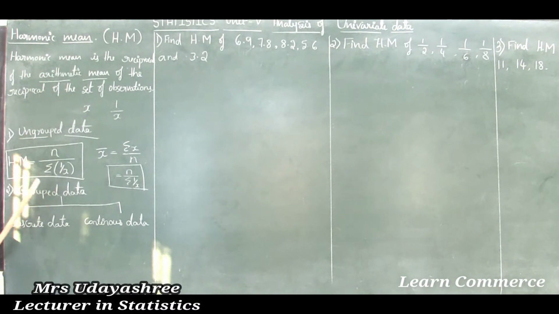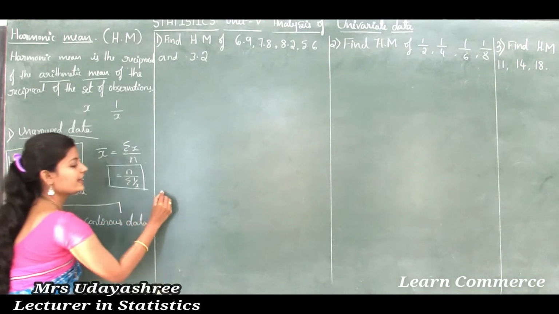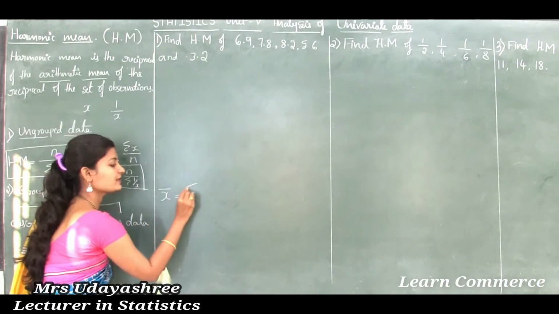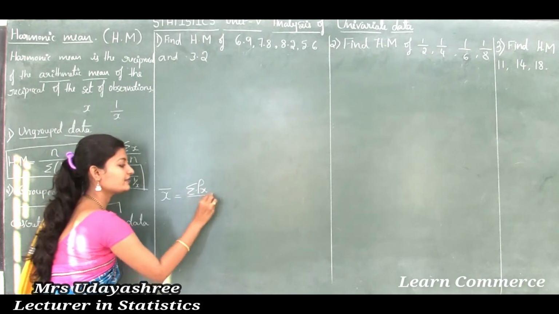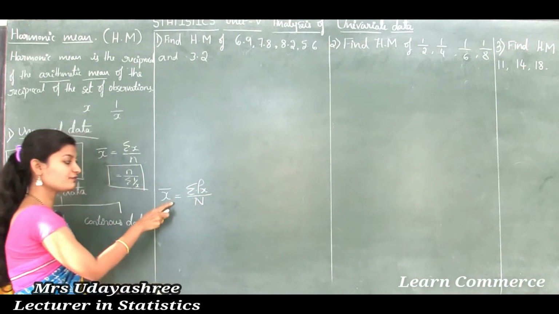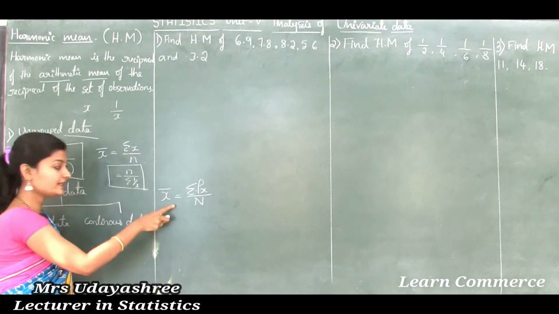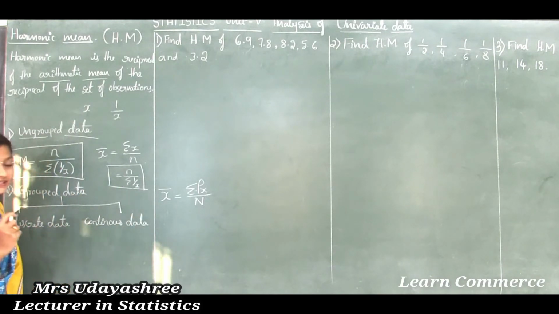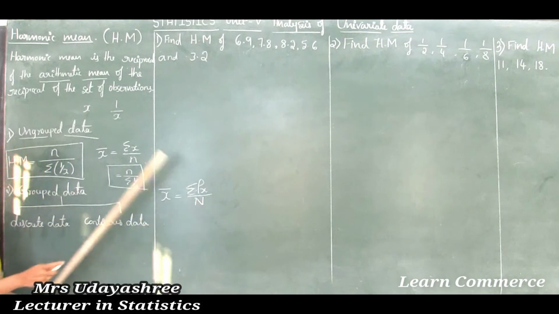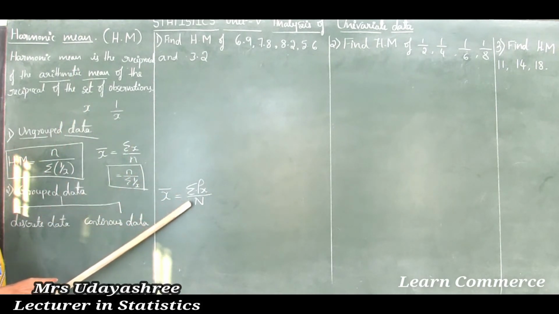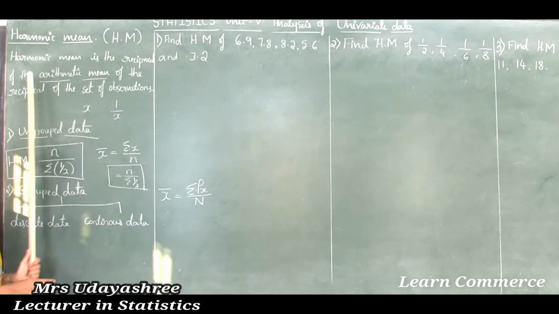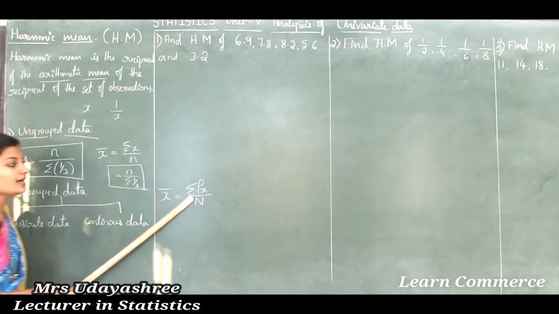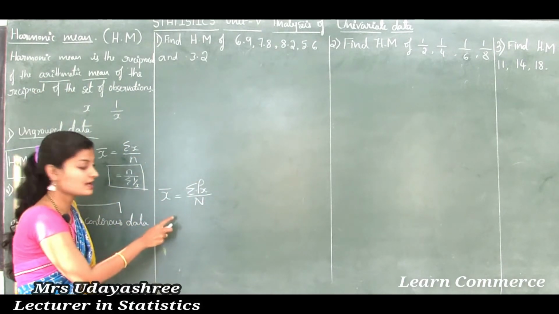We know that to calculate arithmetic mean in case of grouped data, in direct method, the formula is x bar is equal to summation fx divided by capital N. So this is the formula to calculate arithmetic mean in case of grouped data in direct method. So now we need to take the reciprocal of this arithmetic mean, isn't it? Harmonic mean is the reciprocal of arithmetic mean.